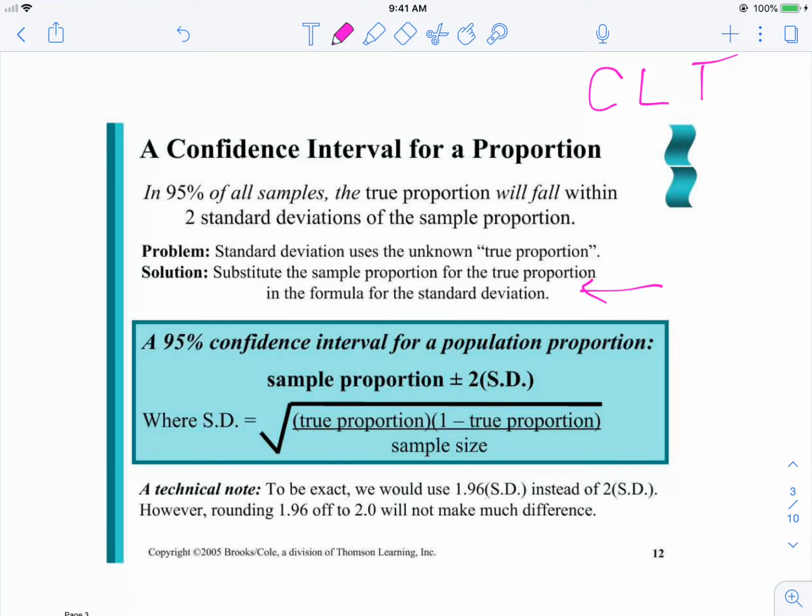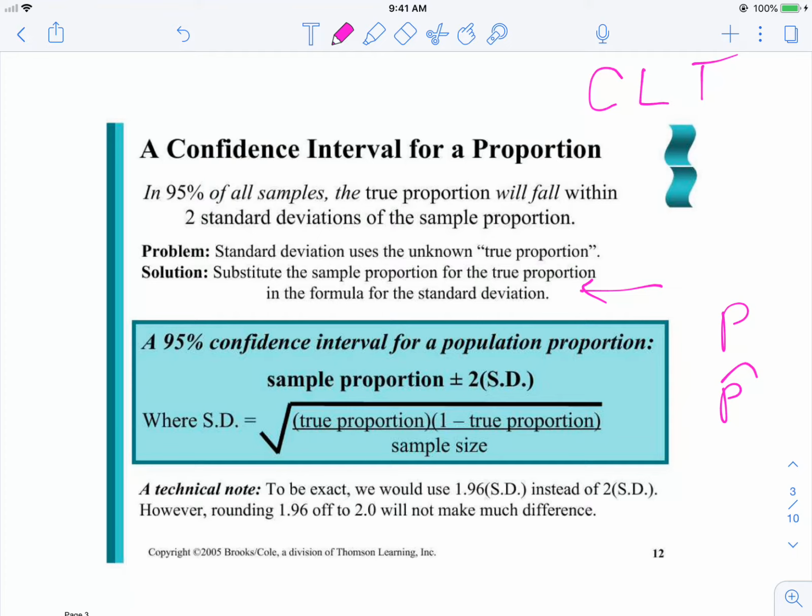standard deviation. So that means that instead of having sigma as our population standard deviation, we're really just going, not sigma, because we're not working with standard deviation. Instead of P, the population proportion, we'll be using P hat, which again represents a sample proportion.